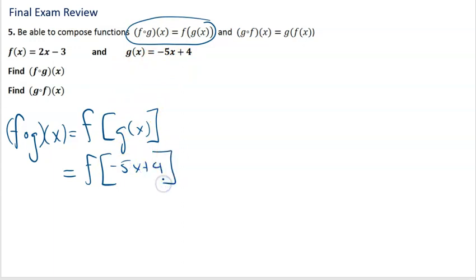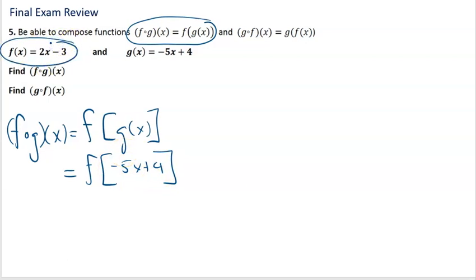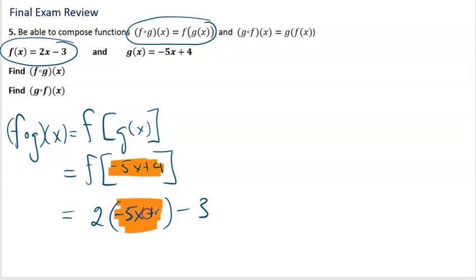Now what that's telling me to do is take -5x plus 4 and plug it in the f function right here. Well, if I plug anything into that function, it's going to be 2 times the thing I plug in minus 3. Now what goes in the spot right here is the -5x plus 4. So I write down -5x plus 4.